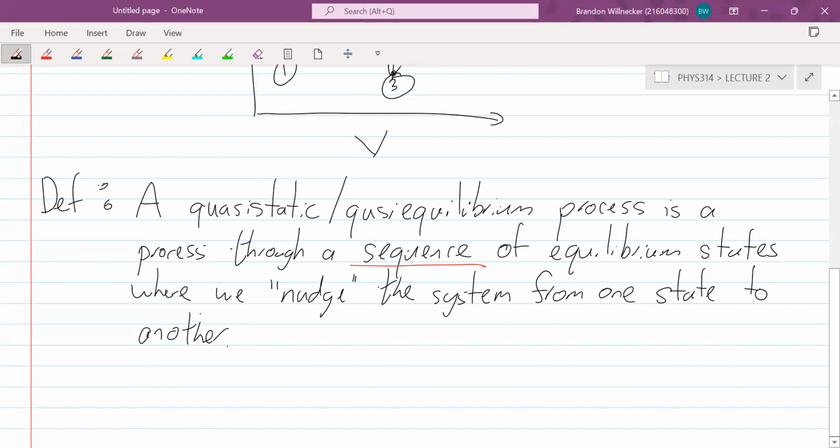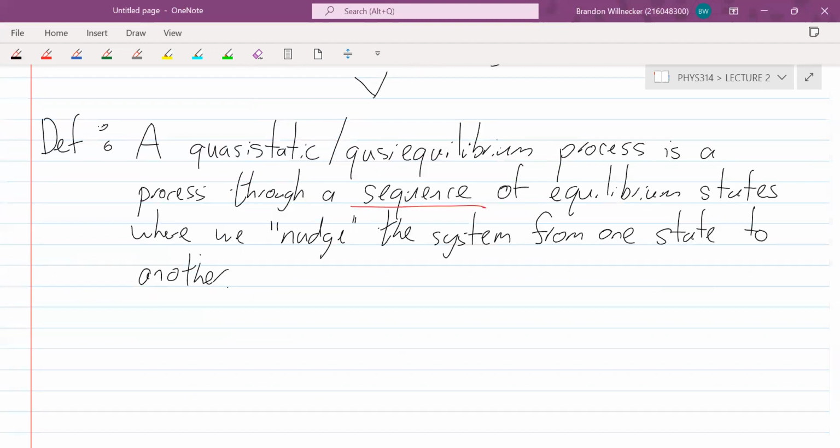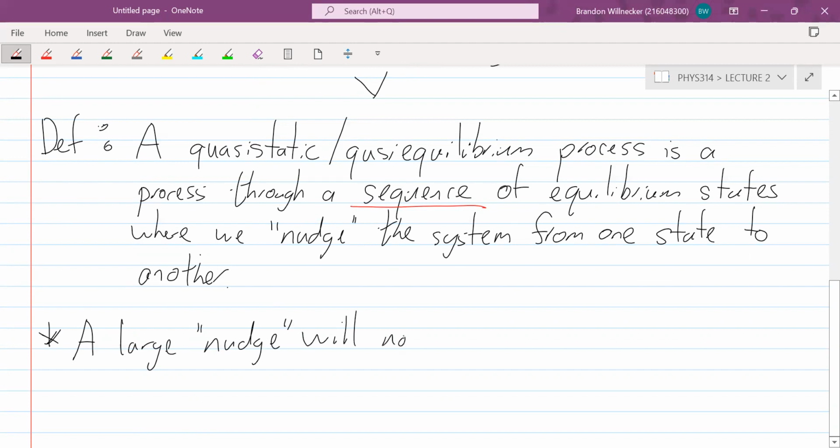We're not going to precisely define what we mean by nudge, but just as a little note here, a large nudge will not leave the system in equilibrium.